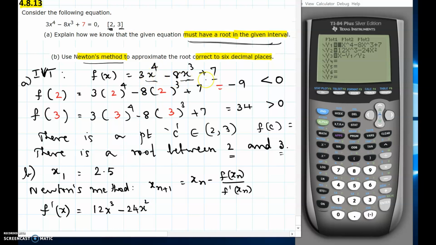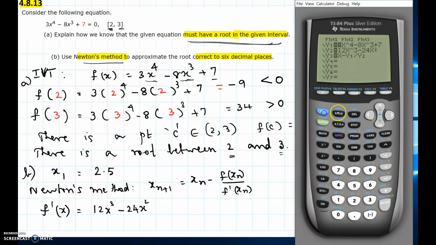So if we differentiate this polynomial, that's what goes into y2. Then in y3, you enter x minus y1 divided by y2. So y1 is f of x, y2 is the derivative of f of x, and we are going to use only y3 to evaluate the approximations.